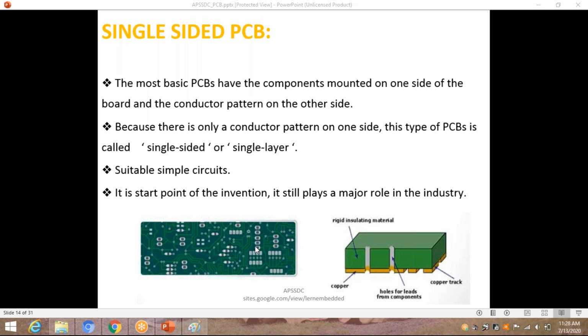The smaller the PCB, the more valuable your circuit is. A designer must think in several ways to reduce the size of the board. Is it clear, guys? Yes, sir. Size is a major factor in designing PCBs. Okay, guys, going to the next slide.